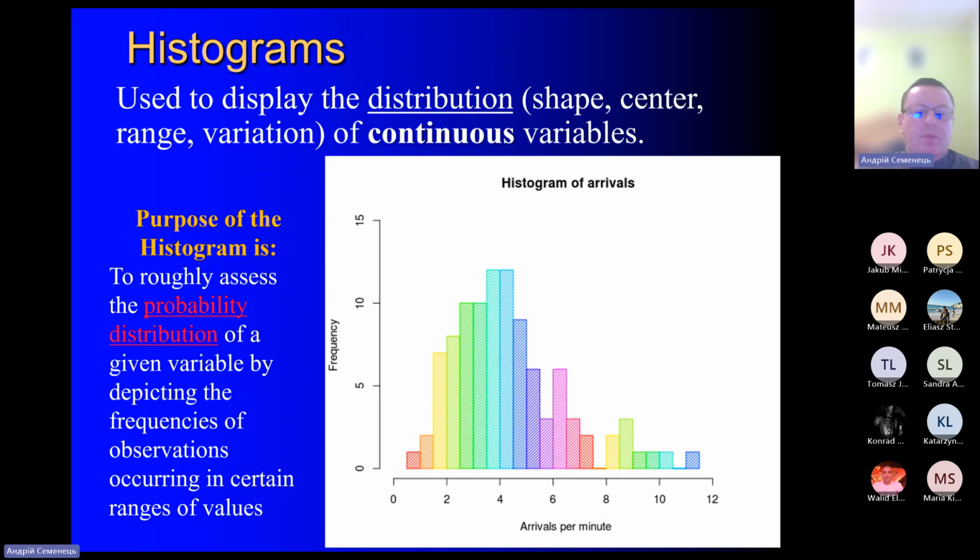Okay, let's move on. For me, more interesting is this one. Histogram. A histogram is a depiction of the distribution of a continuous data set. Here, in our case, the independent variable has to be continuous.